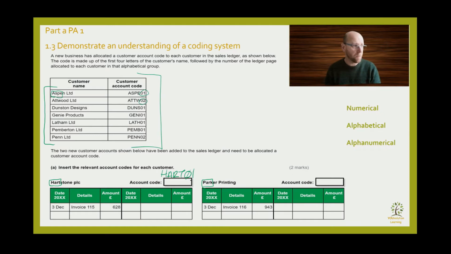Now when we look at Parker Printing, we can see from the list we've got Pemberton Limited, which is PEMB01. We've also got Penn Limited, which is PENN02, because it's the second one in the P's.